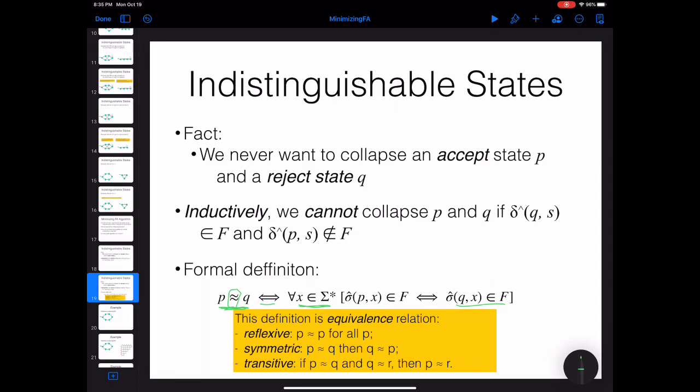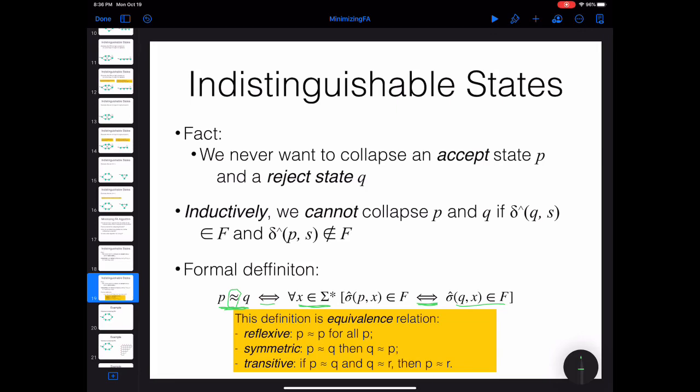And as you can see, this is the if and only if term. So it means that if from Q, by reading any string, you reach an accepting state, the same string from P will also result in an accepting state. And if you reach a non-accepting state, it should also reach a non-accepting state from the other state. This definition is in fact an equivalence relationship.